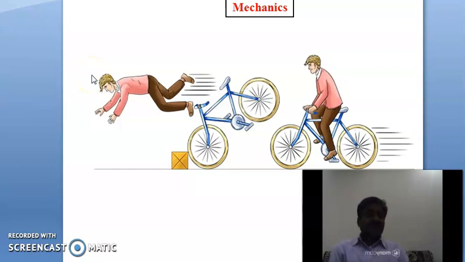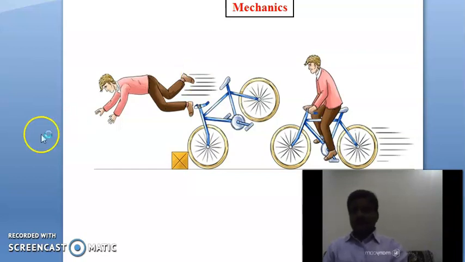It means he is getting jerked in the forward direction. As soon as the brake is applied to the bicycle because of this obstacle, the man is going to fall in the forward direction. Force is exerted opposite to the motion of the bicycle. The man is going to fall forward, which means surely there is a jerk on the body of the cyclist in the forward direction.